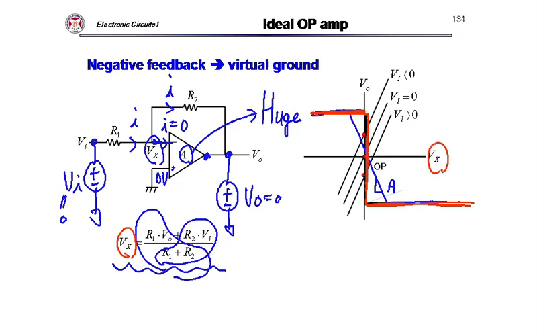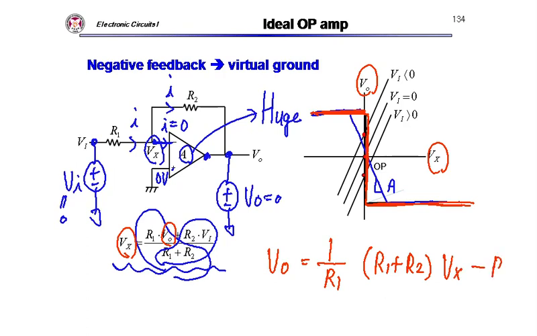So this is Vx, this is Vo, right? I can write this Vo in terms of Vx. My Vo should be R1 over R1 plus R2 times Vx minus R2 times Vi, right? So this Vx relation depends on this Vi value.